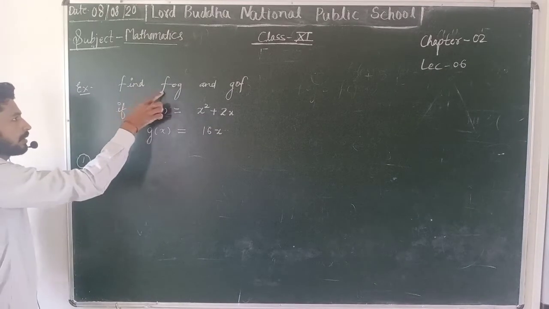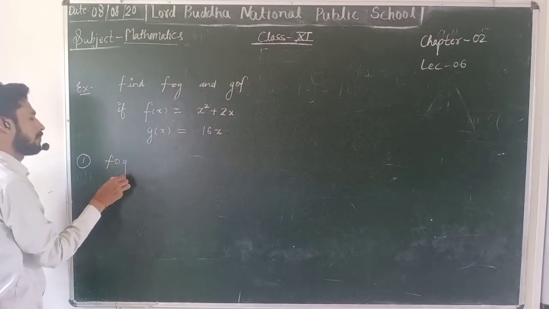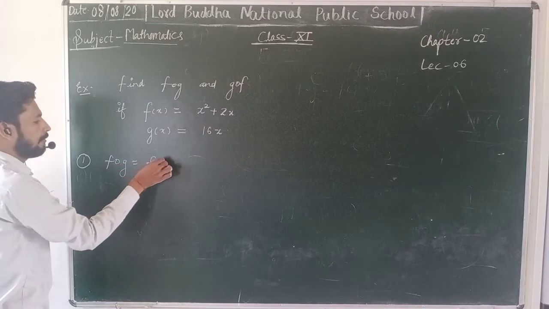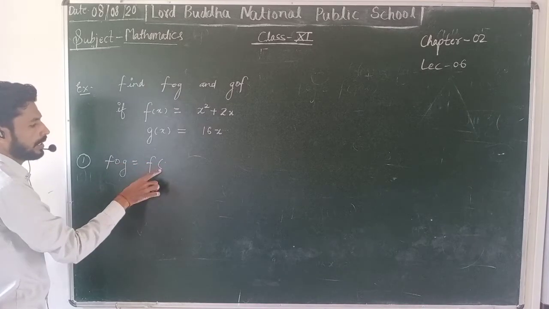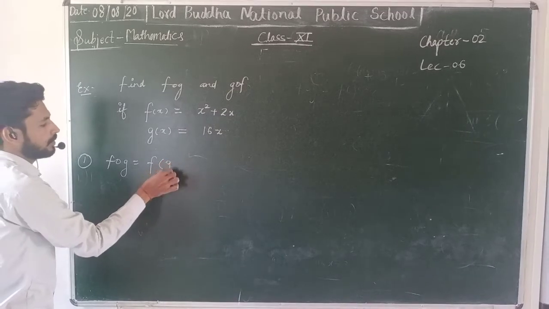Question number first is f of g, that is equal to f of, in place of g you can write the bracket of g of x.